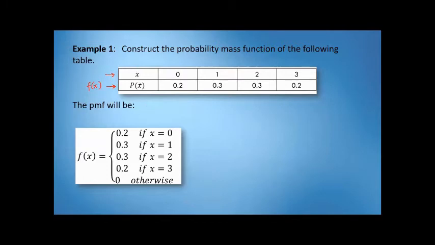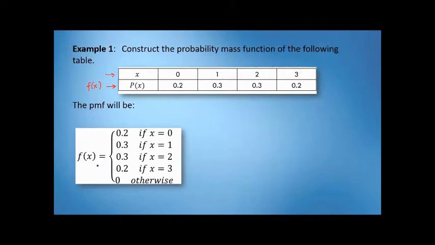So meaning to say, ang second row natin ay pwede rin siyang f of x. The PMF will be, so isusulat natin siya into piecewise form. So isusulat natin probability if x is equal to 0, probability if x is equal to 1, probability if x is equal to 2, and probability if x is equal to 3, then 0 otherwise.